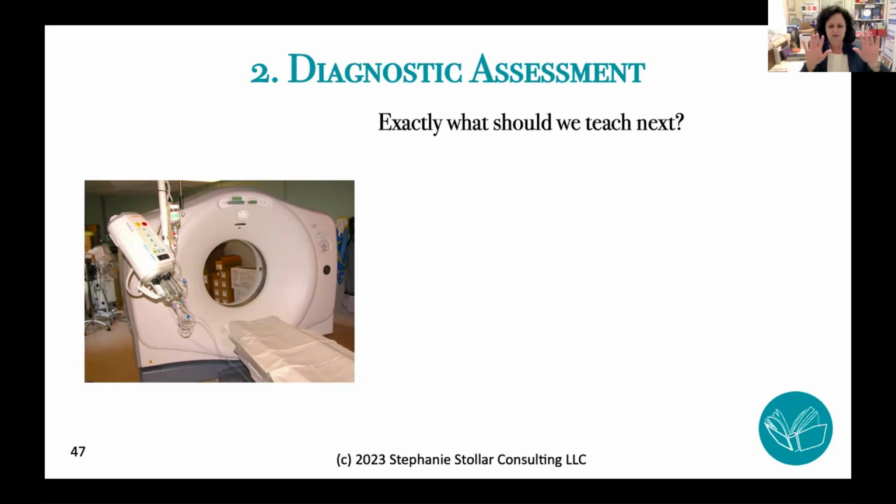If you had a Venn diagram, screening and diagnostic assessment, there's no overlap. These are two different assessment purposes, two different questions that are being answered. The tools are constructed and created for two different questions, so there's no overlap here.